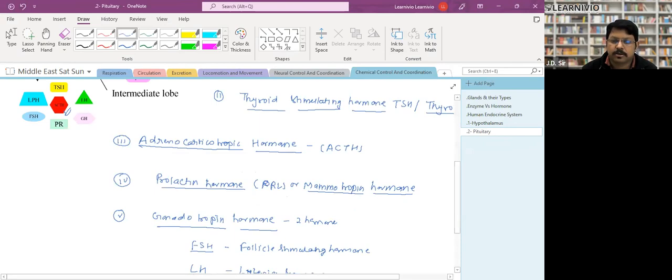Right? Secretion of progesterone and androgen.